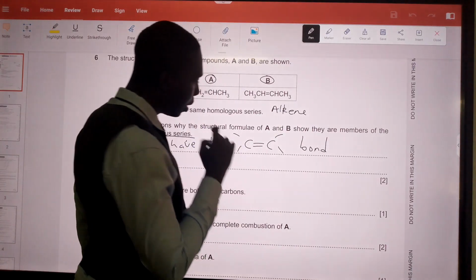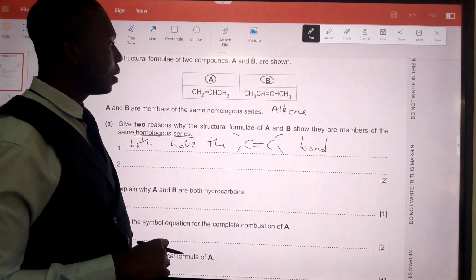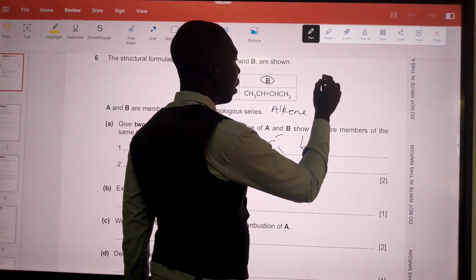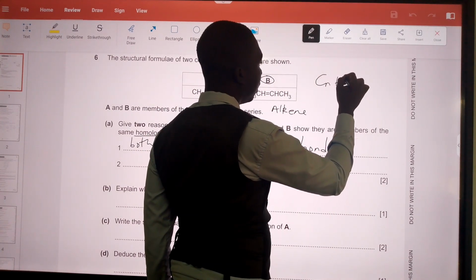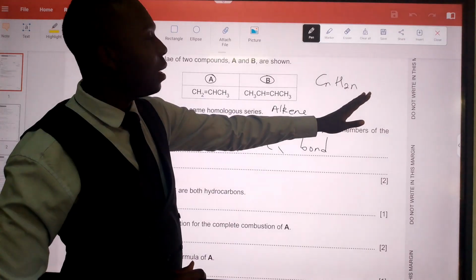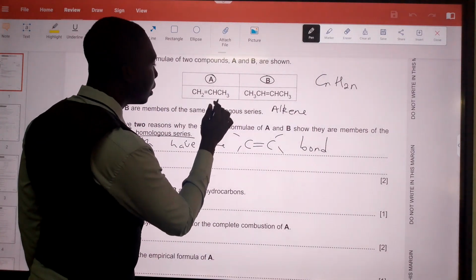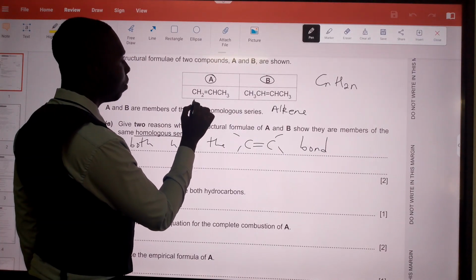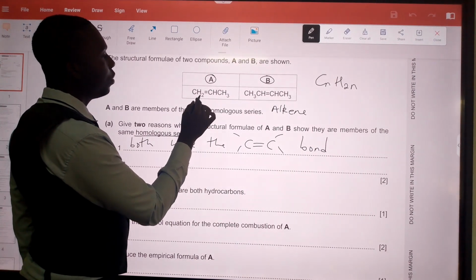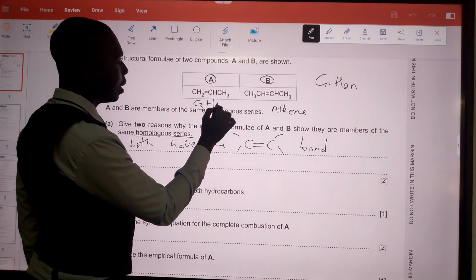Another feature that you can use to identify that they are from the same homologous series is the general formula. The general formula for alkenes is CnH2n, which means the number of hydrogen atoms is double the number of carbon atoms. Quickly checking, this one has 3 carbon atoms, so C3. For hydrogen, 2 plus 1 is 3, plus 3, it becomes C3H6.